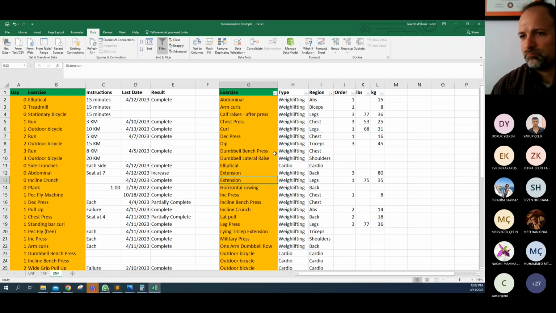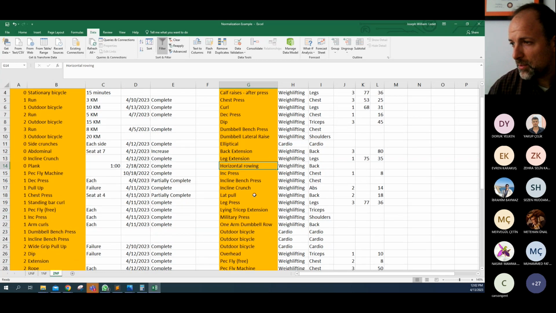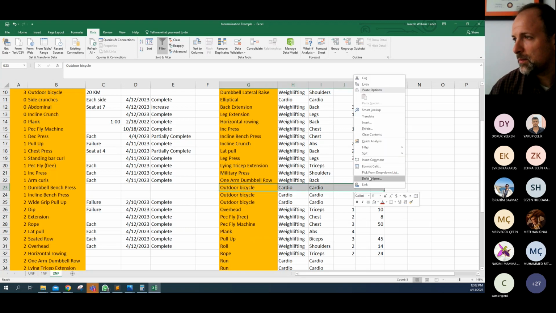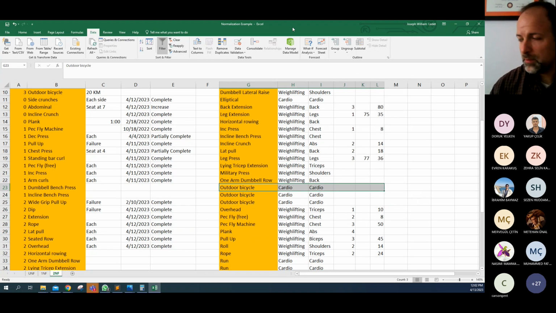Oh, we had a duplicate extension. I was supposed to get rid of that. All right. So let's look. So see this duplicate here, this duplicate here, this duplicate here. Notice all of that's the same, right? So what we can do is one more.